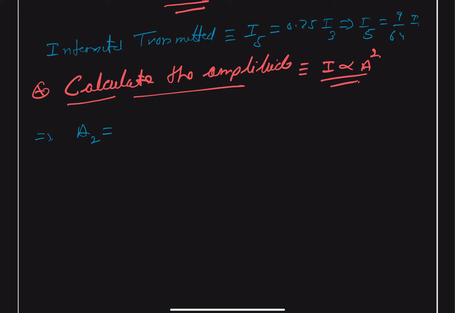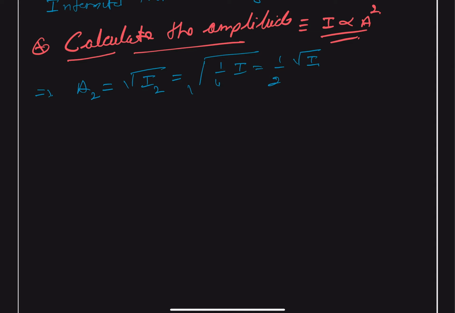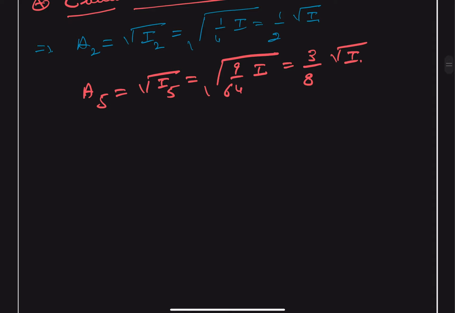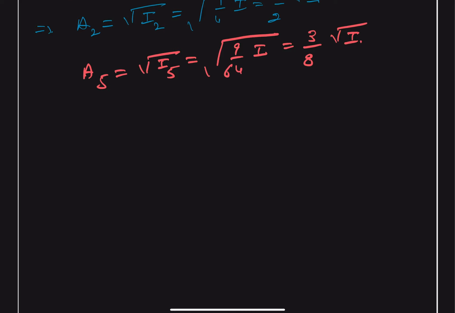So A2 is equal to the square root of I2, which is the square root of 1 by 4 times I, giving us 1 by 2 square root of I. Similarly, we can find A5, which will be equal to the square root of I5, that is 9 by 64 times I, giving 3 by 8 square root of I. Now we can find their ratio R, which is equal to A2 by A5.